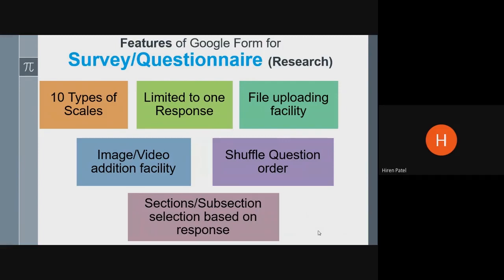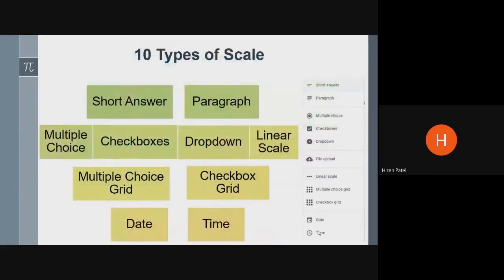To start with the first one, that is, 10 different types of scales. Google Form provides you the facility of putting up 10 different types of scale in one questionnaire. It means you can use one, two, or a combination of multiple in order to make your questionnaire more lucrative, more fruitful, and collect the data of your choice.